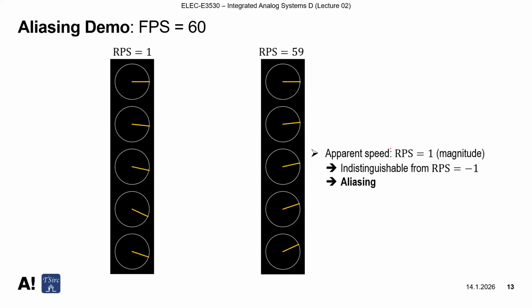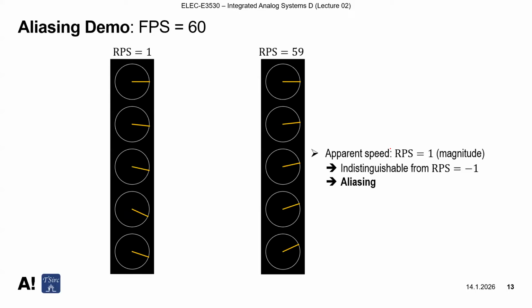Let's check this frame-wise diagram. For frames per second 60, which is our case, with rotation per second equal to 1, it has frames like this. And for rotation per second equal to 59, it has frames like this too. In this case, the apparent speed, the rotation per second, is equal to 1 in terms of magnitude, as we have checked.